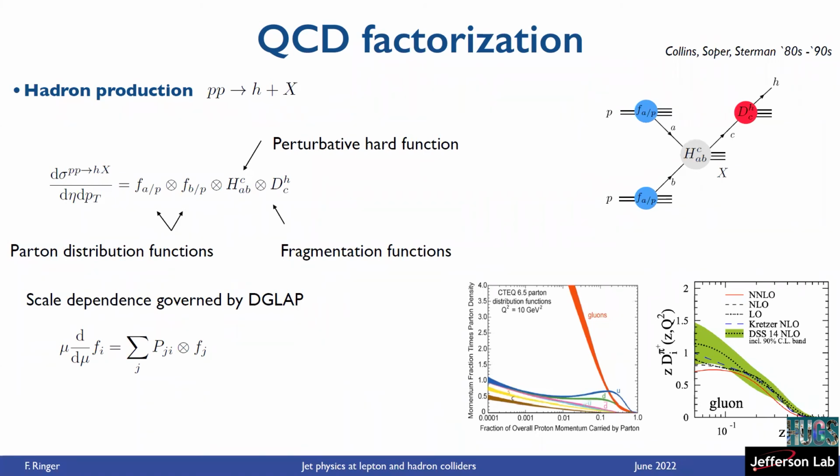These are the parton distribution functions as a function of momentum fraction x, and the analogous version for the fragmentation function of parton i to, say, a pion is shown here, again as a function of the momentum fraction z, where z is the momentum fraction contained in the hadron relative to the initial parton.